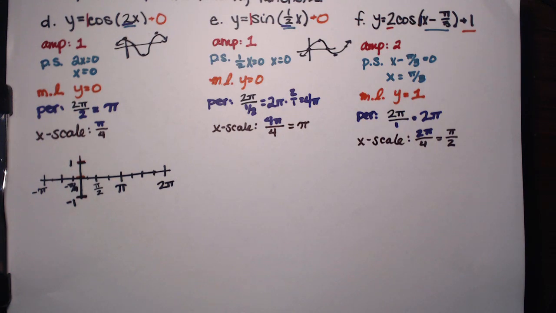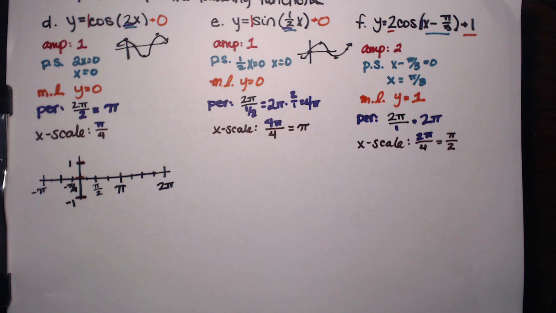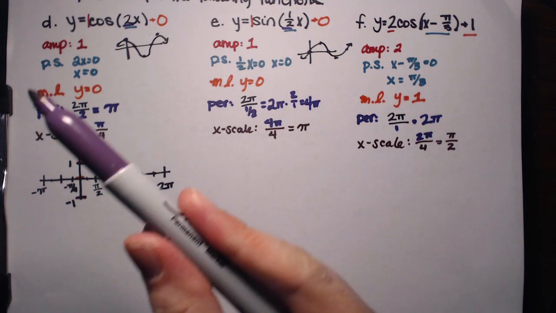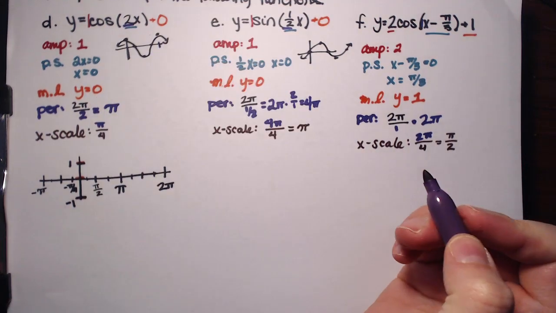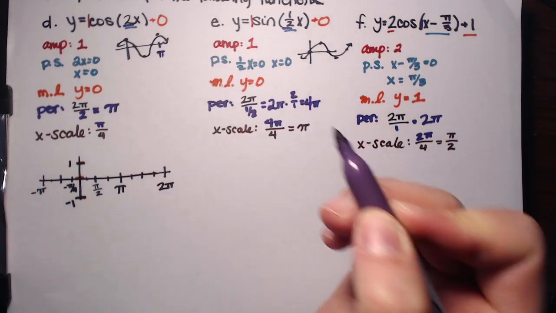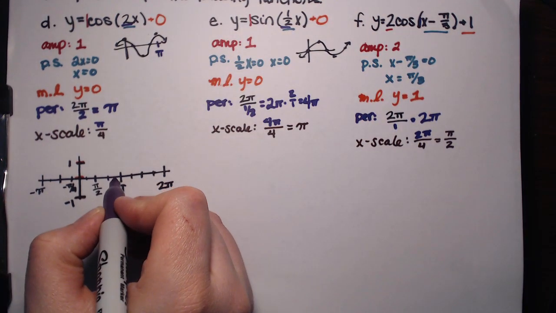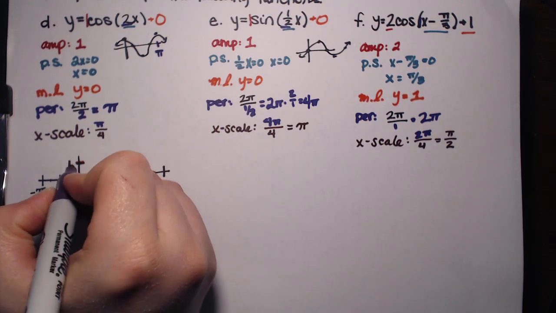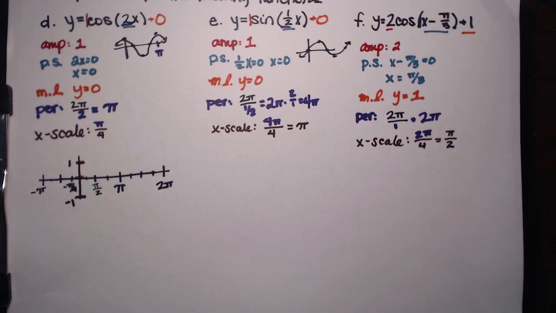The period, instead of doing this whole thing in 2 pi, I want it to take pi. So I still am going to start at the top, but now I need to end at pi instead of 2 pi. So there's my green marker.